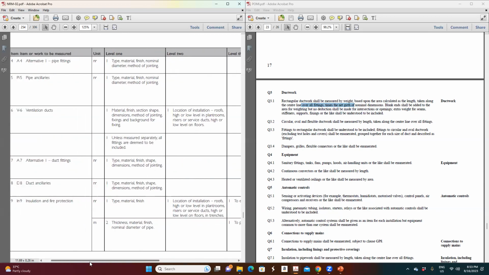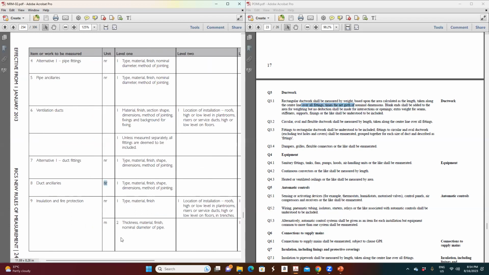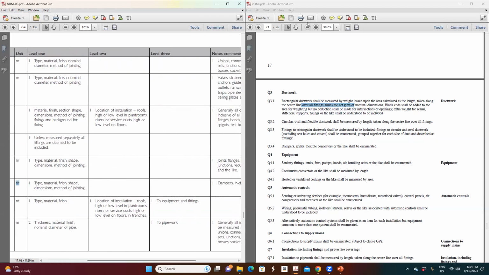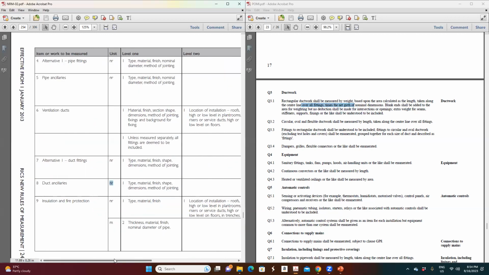That has to be by numbers. So that is what they said. When you see a duct, you will see many items, like a lever and all these things. These are all duct ancillaries. That has to be by numbers.